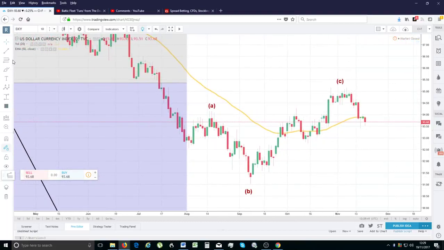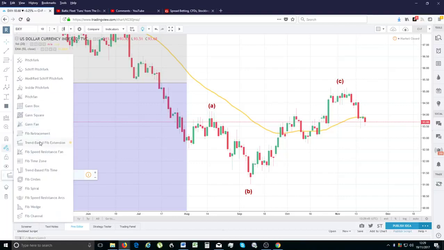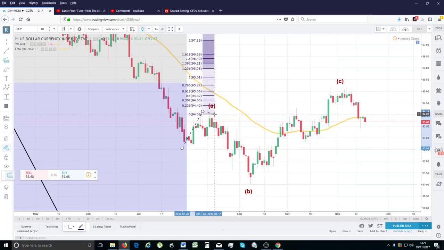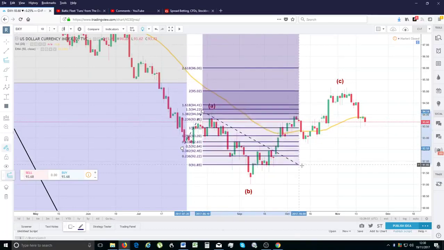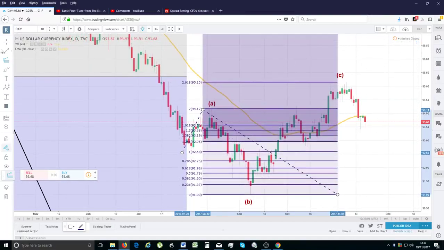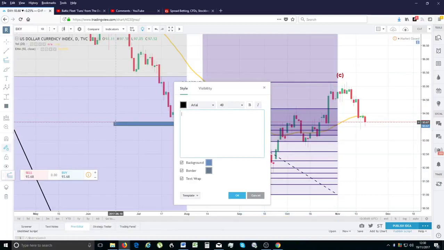Once again, if you take this trend based fib extension, what you want to do is start from the bottom of A, and go to the top of the A. So now this is measuring the distance of A, and then you want to come all the way back down and project from the bottom of B. Now once again, as I keep saying to you, let me just highlight this.